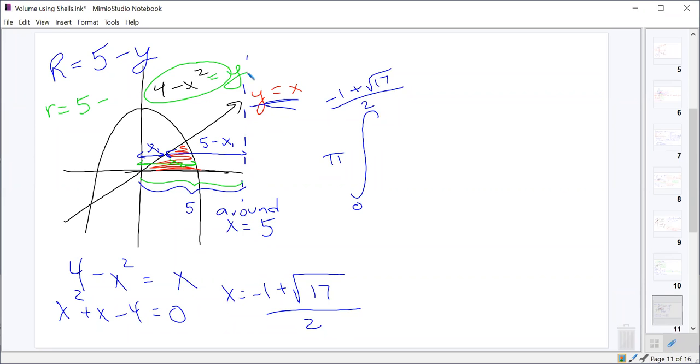We get the square root of 4 minus y. Our inner radius is 5 minus root 4 minus y. Everybody good with that in Zoom? Yeah. Everybody here good with that?